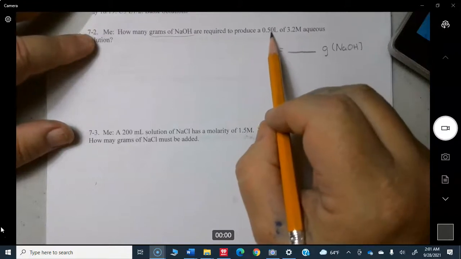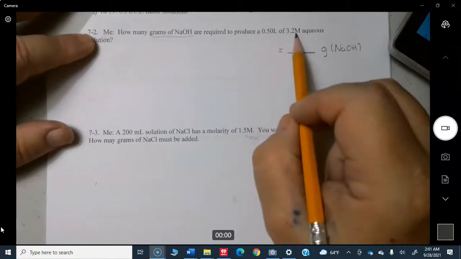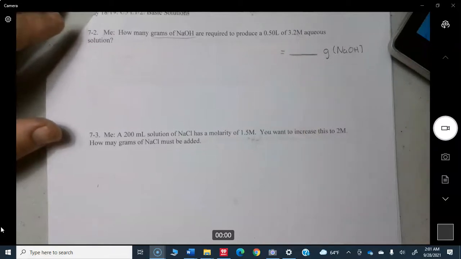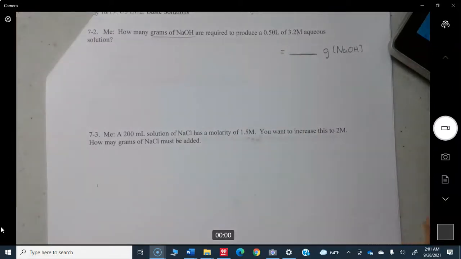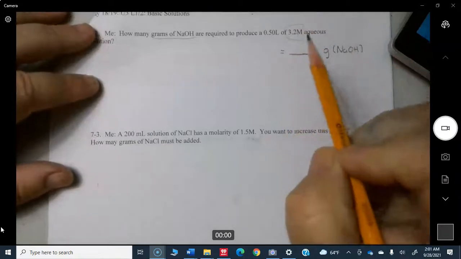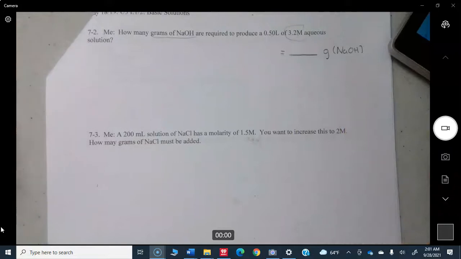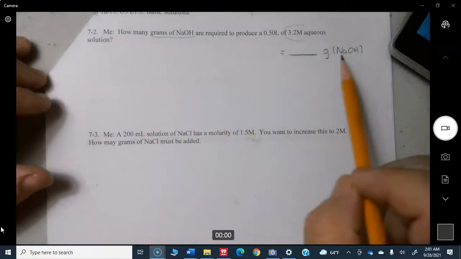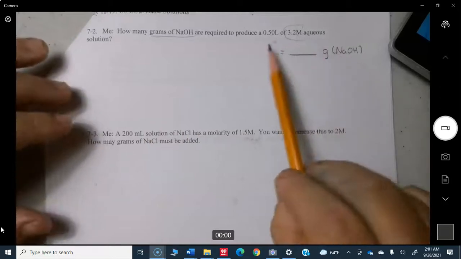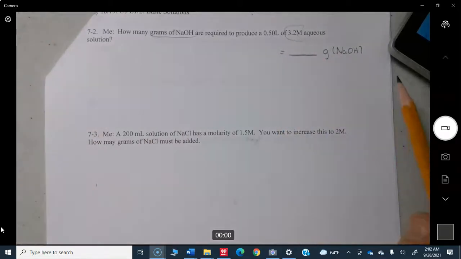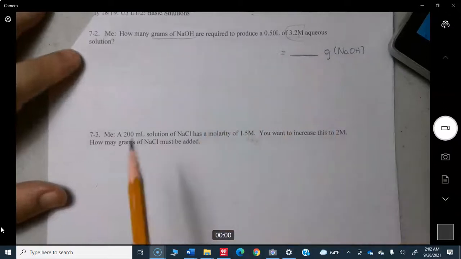You have a volume of liters and a molarity, capital M. And you may say, I'm not sure which one to start with. It doesn't matter, but you want to start with the molarity in this case, and the liters is going to come in to help you make conversions later on. Remember, as long as your units cancel and you end up with grams of NaOH, it doesn't matter which one you start with, but we're going to always start in these problems with molarity.